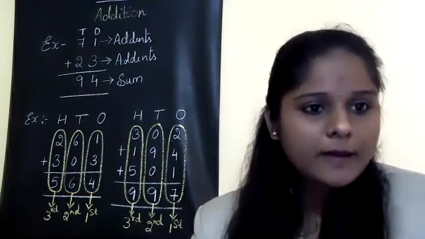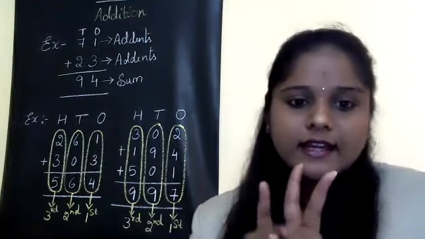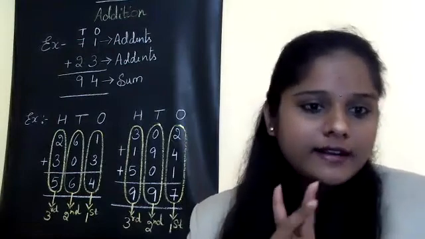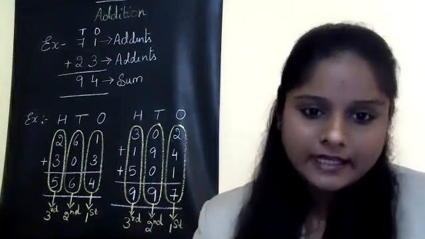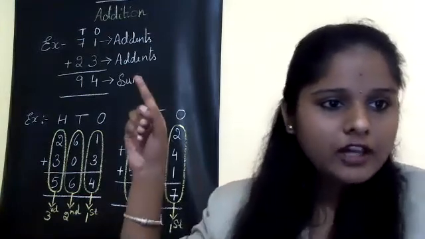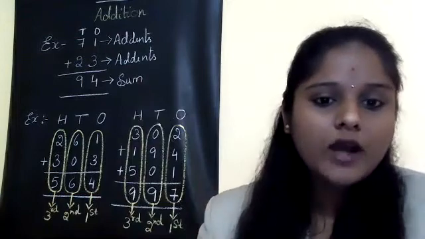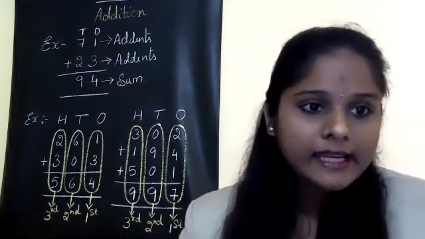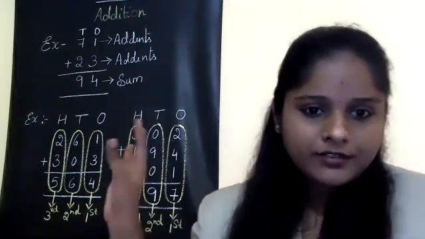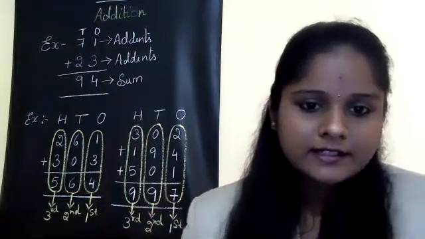So our first step is to write the places. Okay, and as you all can see, I have represented ones place by O and tens place by T. So our first step of writing the places is ready.